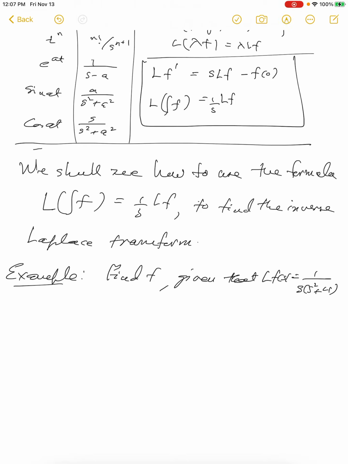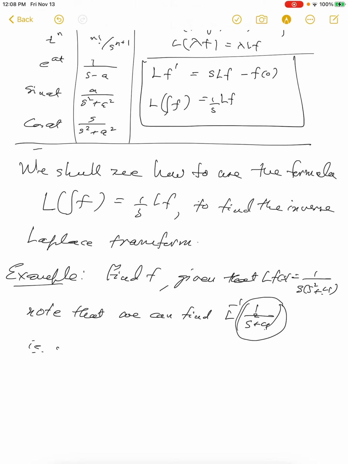See, doing partial fractions of this will be complicated. Note that without this s, you could find the inverse transform. Note that we can find L inverse of 1 over s square plus 4. And so this formula for the integration tells you that the function whose Laplace transform is 1 over s times s square plus 4 will be the integral of the function whose Laplace transform is 1 over s square plus 4.